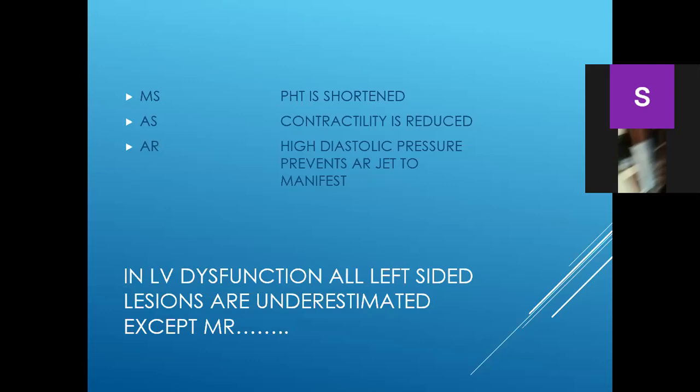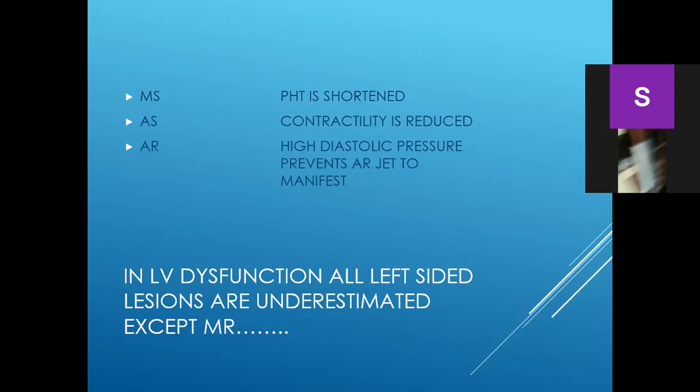Now, what about aortic regurgitation? In aortic regurgitation, this is a diastolic phenomenon. That means when the LV is expanding, it is sucking blood from the aorta into the LV. But what if the pressure of the left ventricle is high?